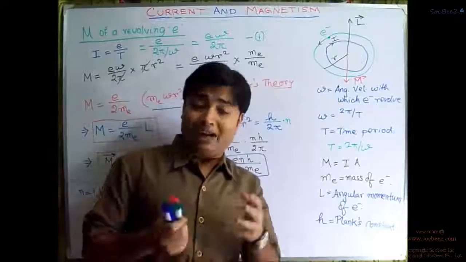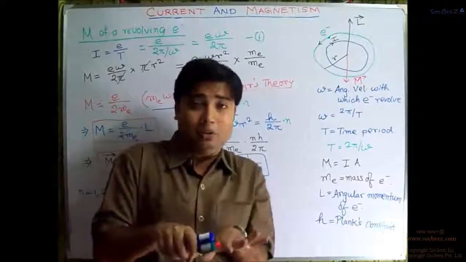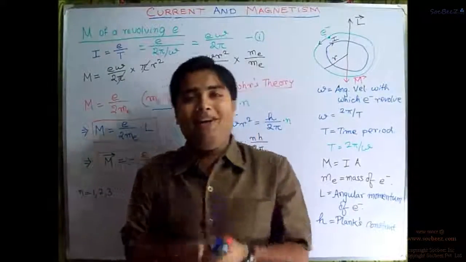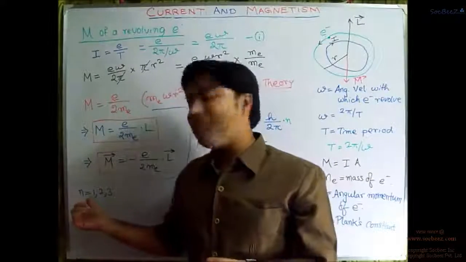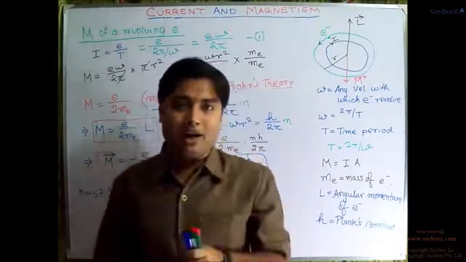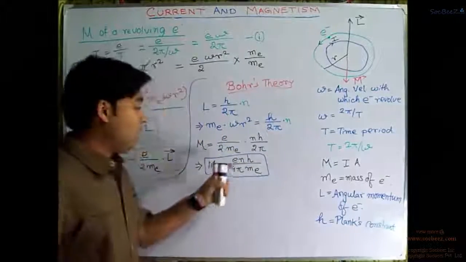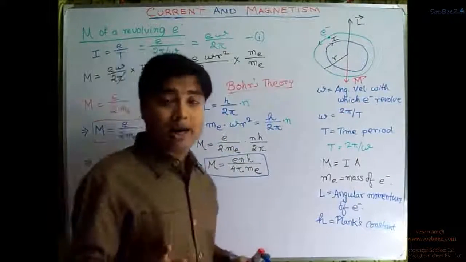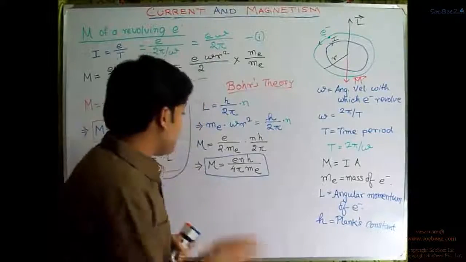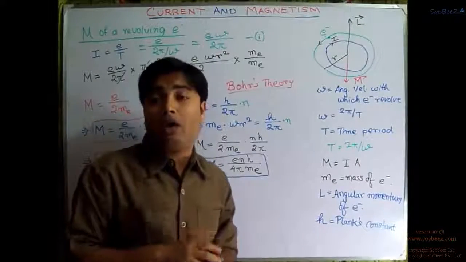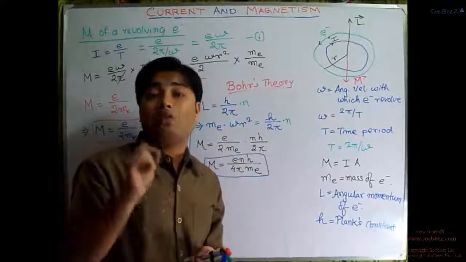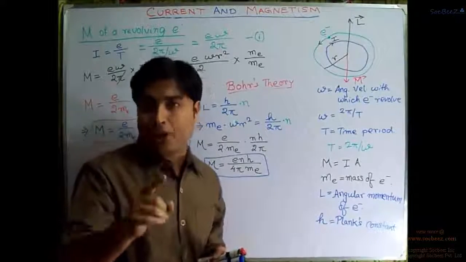Because if the electron had been on or in the nucleus, only then would n have been 0. But this is not the case, so the minimum value of n could be taken as 1. So if we take the minimum value of n as equal to 1, then the value of m, or the magnetic dipole moment, what we shall find is known as 1 Bohr magneton.